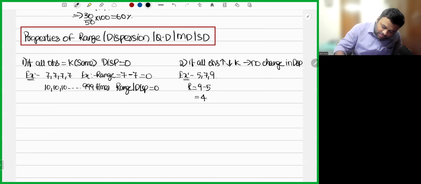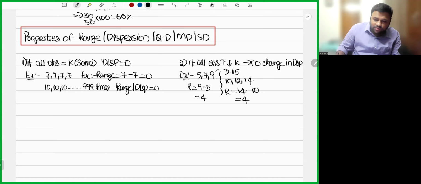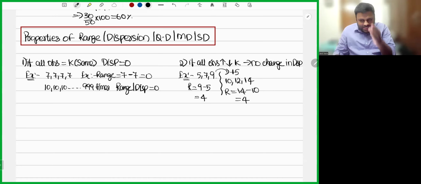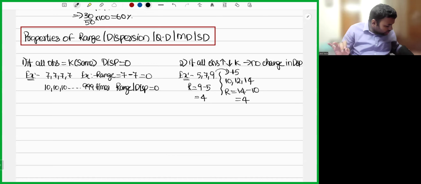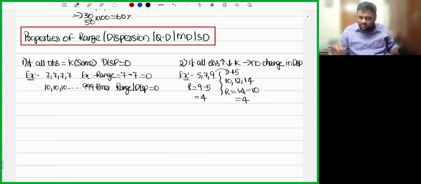Now all the observations I am increasing by 5. 5 plus 5, 10. 7 plus 5, 12. 9 plus 5, 14. What is the range? 14 minus 10, again it is the same, 4. So can you see, when all the observations are increased or decreased by a constant, range didn't change. Range will remain the same.